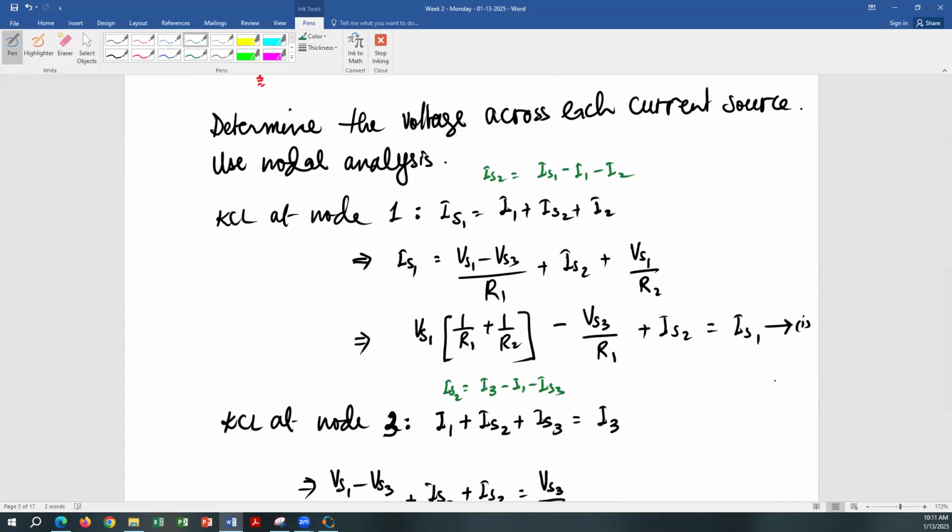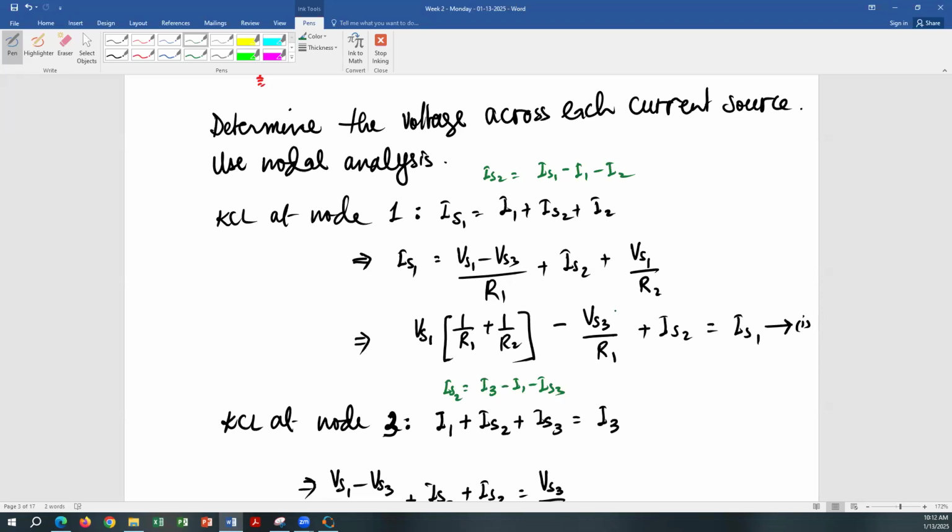Add them together. And all the currents that are going away from node 1 and node 3, write on the other side of the equation. So although they are two different nodes, when you're applying supernode, you can just write down the sum of currents going towards node 1 or node 3 equals the sum of currents going away from node 1 and node 3.